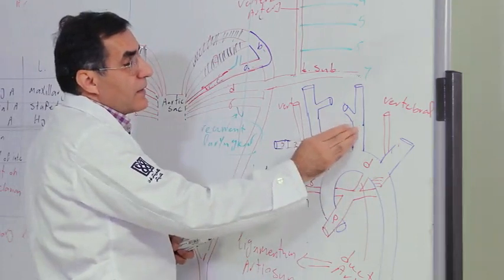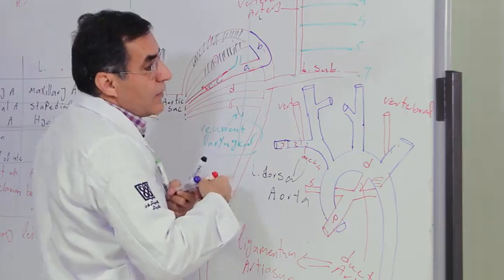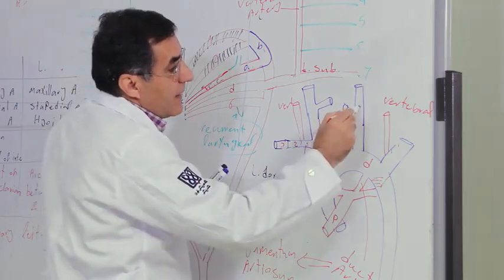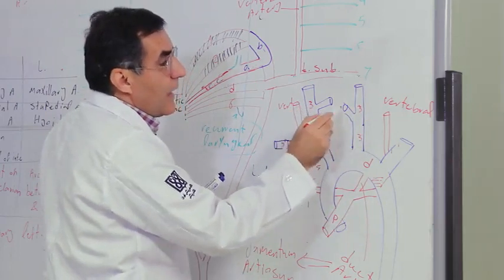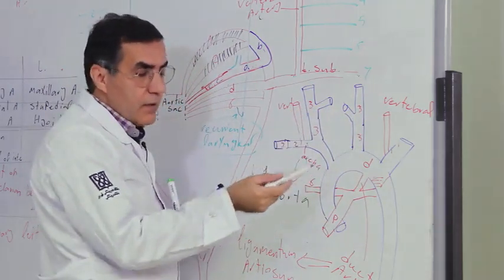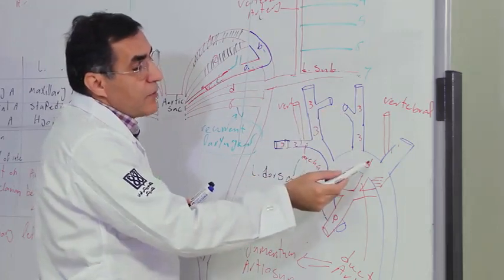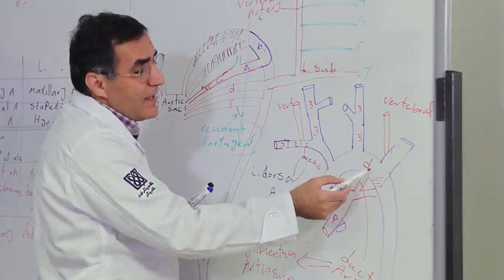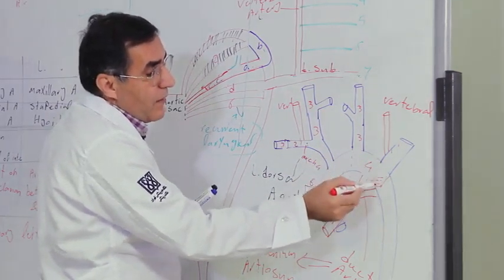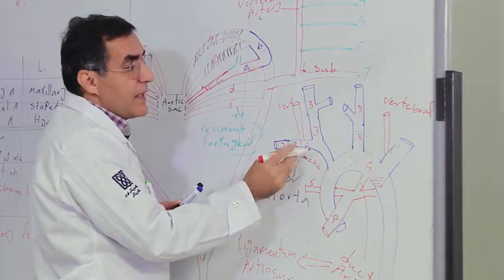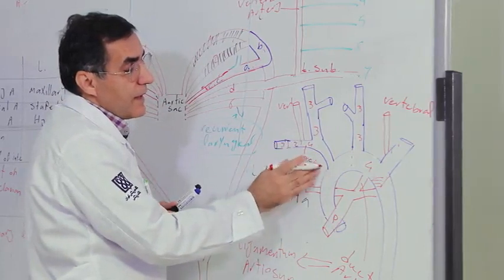The common carotid and the proximal part of the internal carotid are made by the third arc, and the external carotid artery is a branch of the third arc. The fourth arc on the left side makes a part of the arch of the aorta, and on the right side makes the proximal part of the right subclavian.